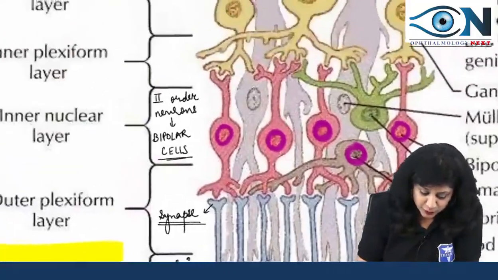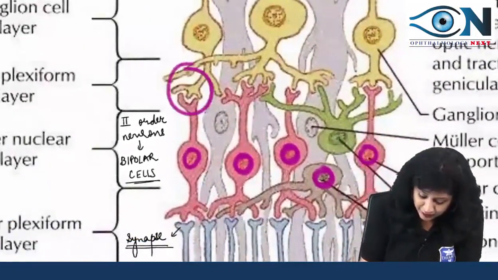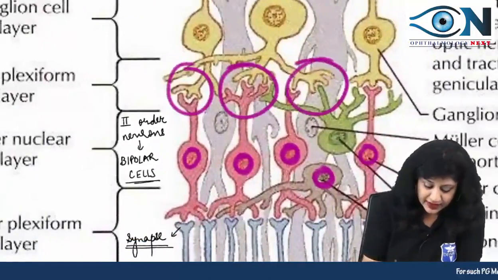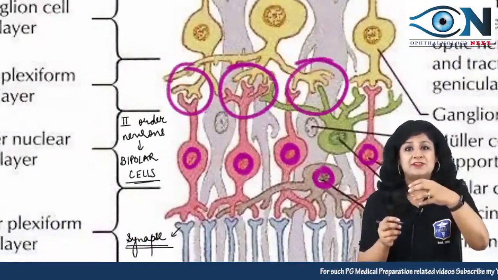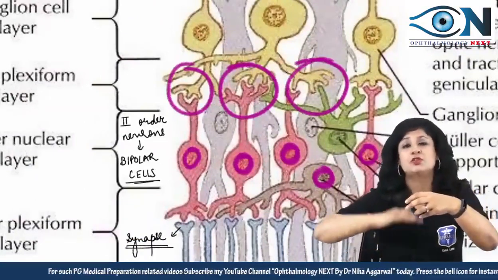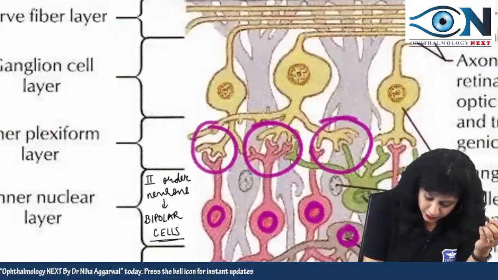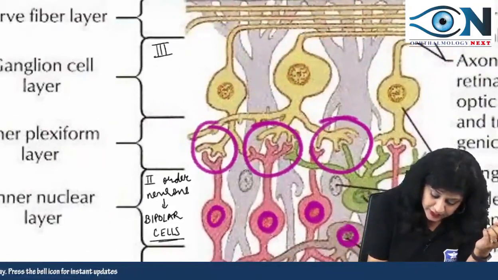Now as you move towards the inner plexiform layer, can you see again we have got the synapse here. So in the inner plexiform layer, again we have synapse, and on one side I have got the bipolar cells, which are your second order neurons. So obviously on the other side I will have the third order neurons. Now you know what your third order neurons are.